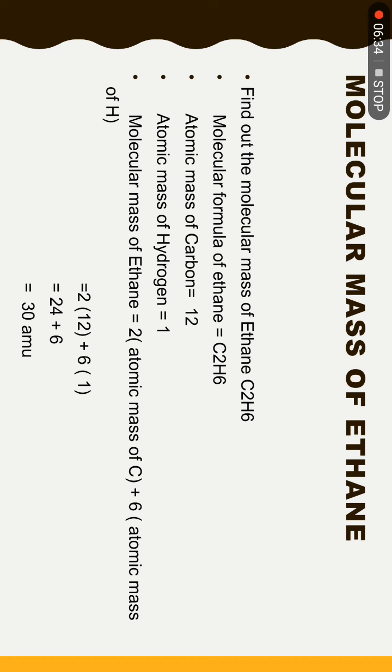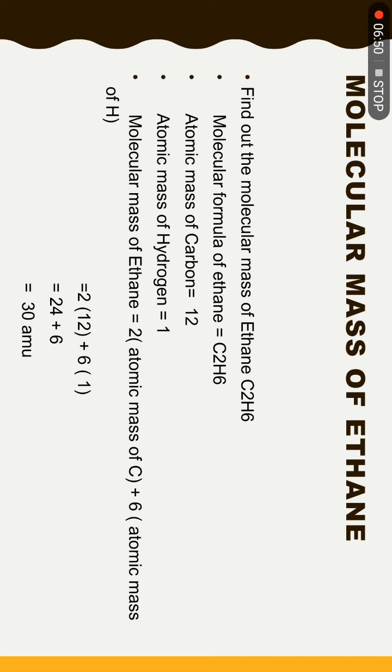In this example there are 2 carbons, so we will multiply 2 with the atomic mass of carbon, and there are 6 hydrogens present, so we will multiply 6 with the atomic mass of hydrogen, and we will add both these values.